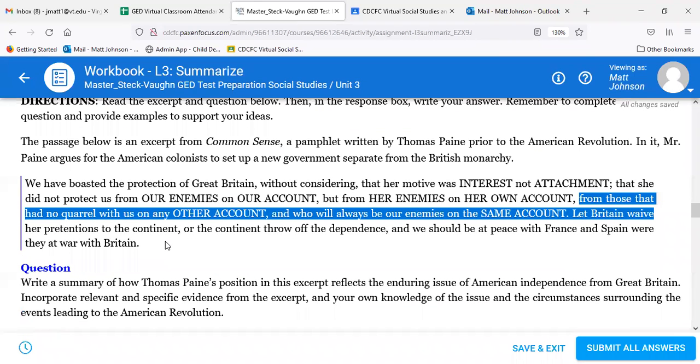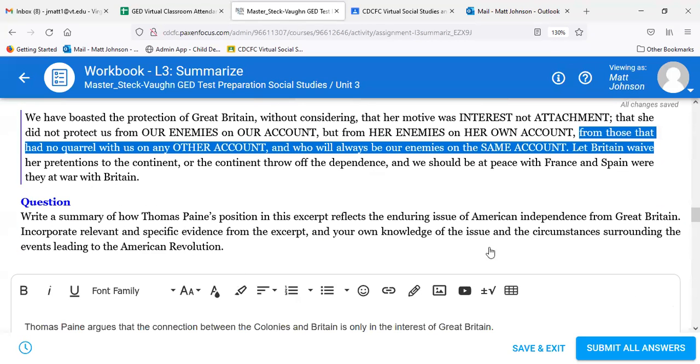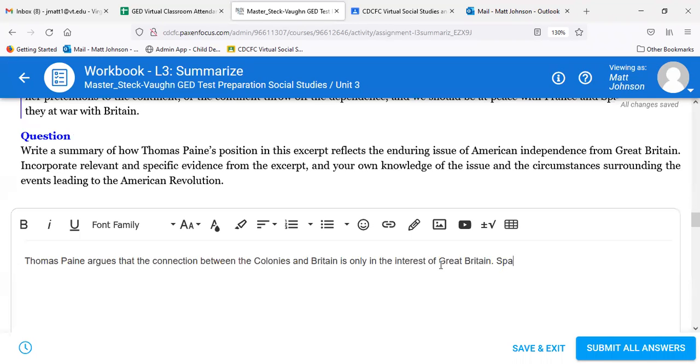And he's saying that those are Britain's enemies, not the colonies', not America's. So we could put a short sentence there.